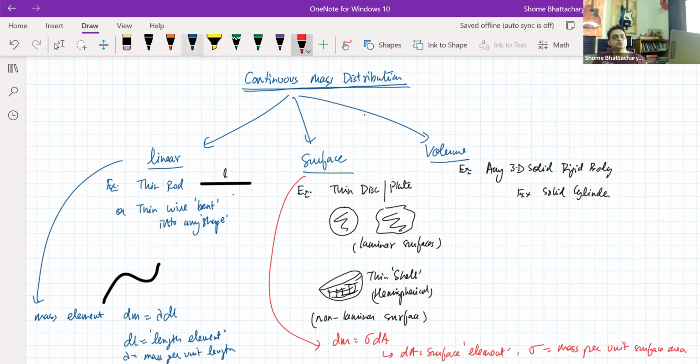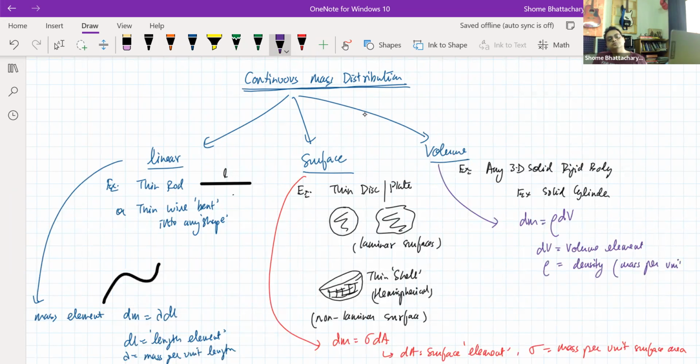And for a volume distribution, it should be a volume element, and rho is density, that is mass per unit volume. So this is a sort of general guideline that we follow for doing the integration.